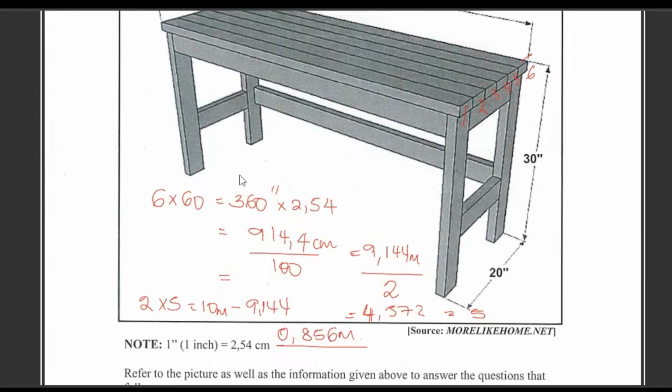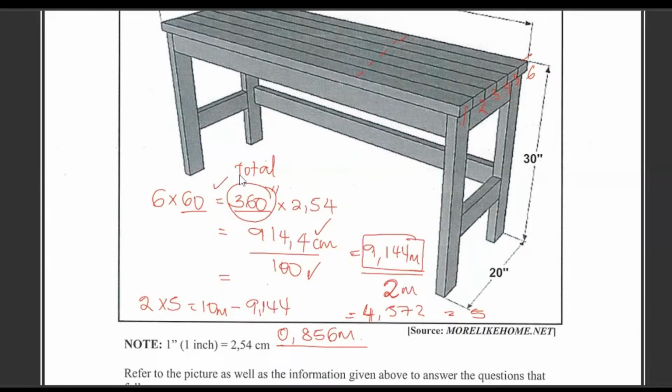Look for the total length that you need, because each plank takes 60 inches. So we have 60, 60, 60, six times. Then these inches, change them to centimeters, then change the centimeters to meters. If we need this much and they are going to buy planks of 2 meters, how many planks shall we need?